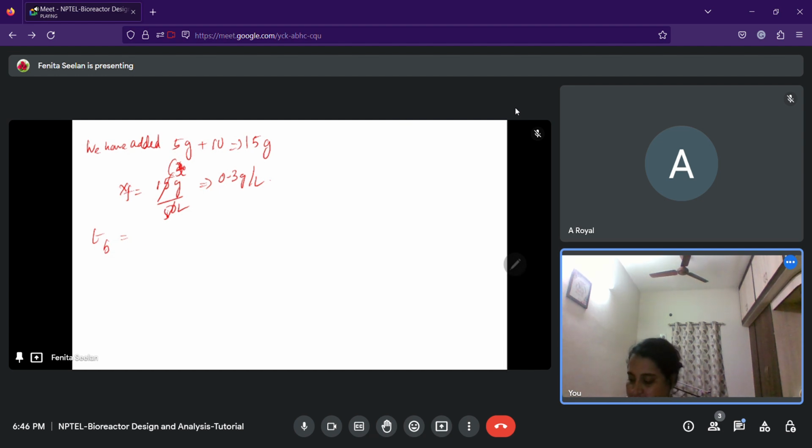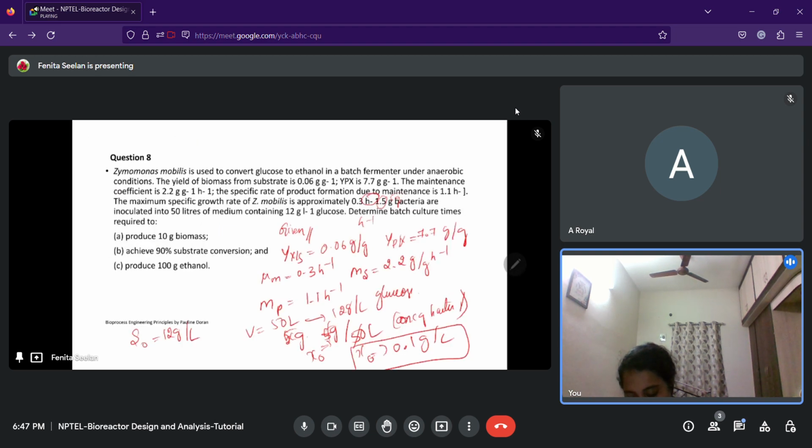So for batch time, the formula would be 1 by mu max ln of XF divided by X naught. Substituting, we have XF as 0.3 grams per liter. X naught is 0.1 grams per liter, which we found previously.